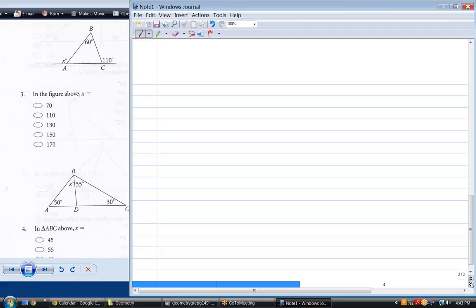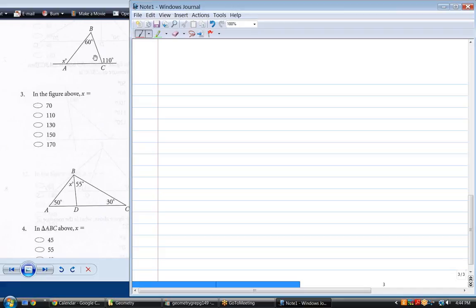For number 3, so x would have to equal 140. Right? 130. Oh. In other words, yeah. The first thing we have to know is this angle here. That angle is 70, right?